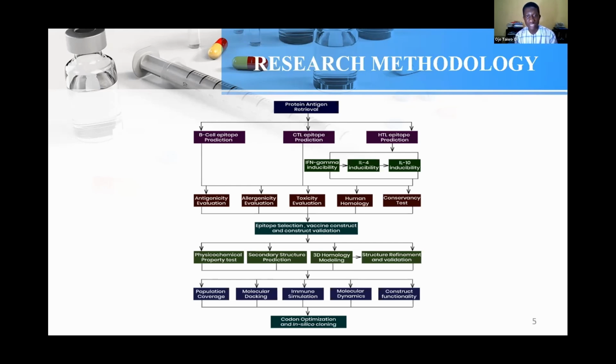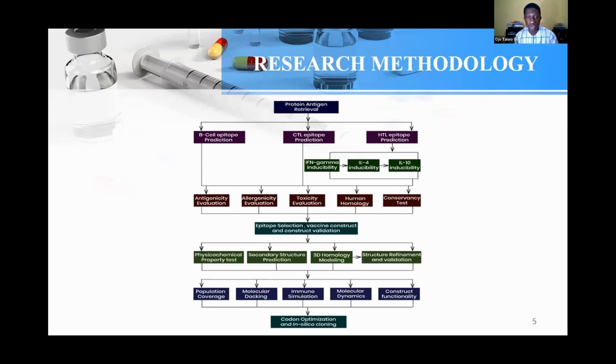and performed some preliminary tests on them, such as antigenicity evaluation, allergenicity evaluation, toxicity, human homology, and conservancy tests. For the helper T lymphocyte epitopes, we also assessed their capability to induce interferon gamma, interleukin 10, and interleukin 4.